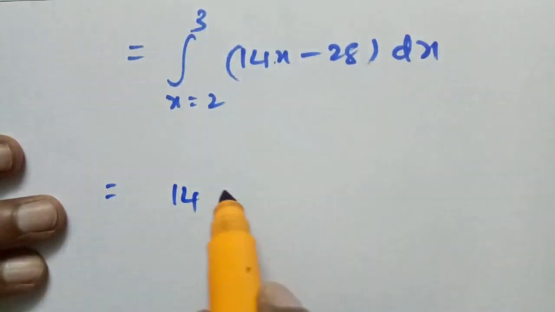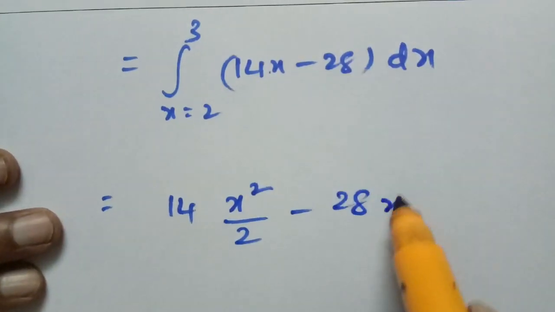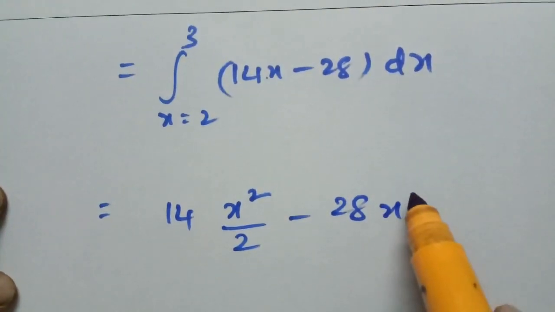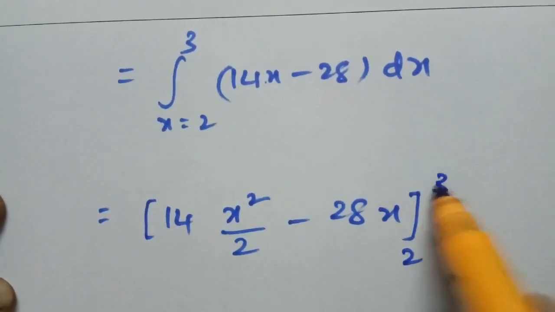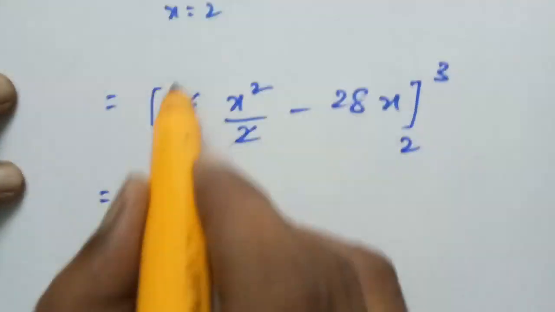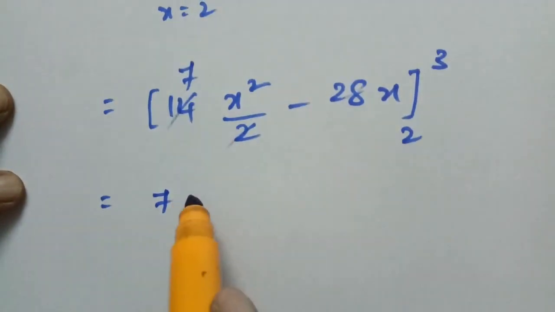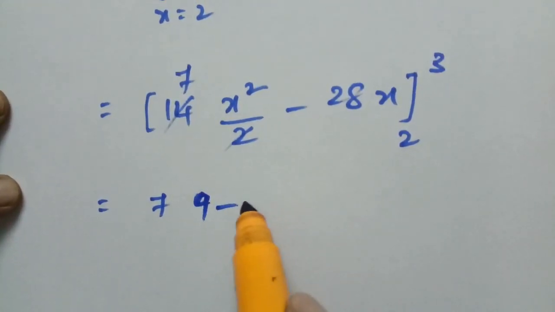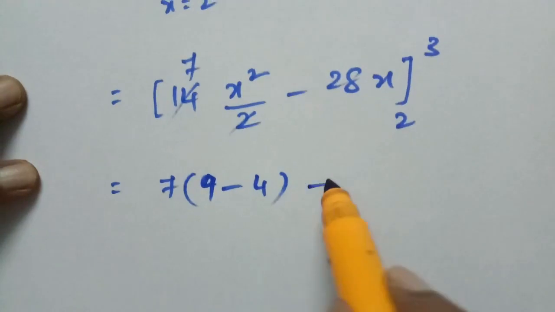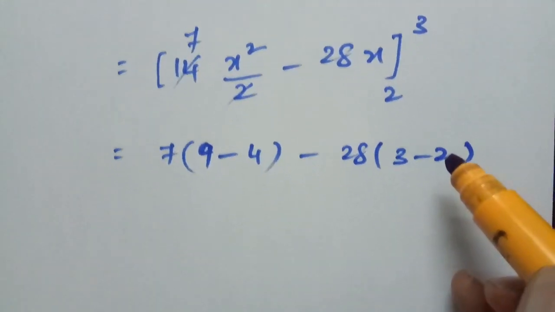That is equal to the integration of 14x, which is 7x² − 28x, with limits 2 to 3, upper limit minus lower limit. 7 into (3² − 2²), that is 9 − 4, minus 28 into (3 − 2).